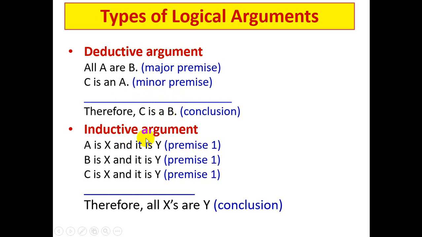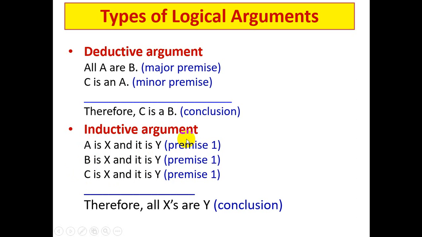But in case of the inductive argument, the opposite is true. We are moving from the specific to the general. Something like this. Suppose A is X and it is Y at the same time. B is X and it is Y at the same time. C is X and it is Y at the same time.